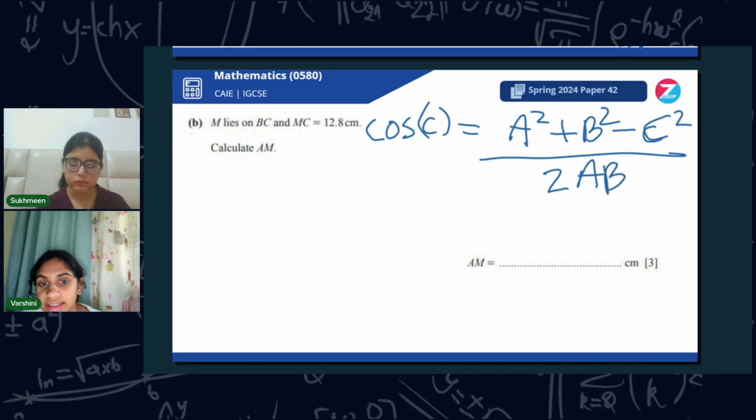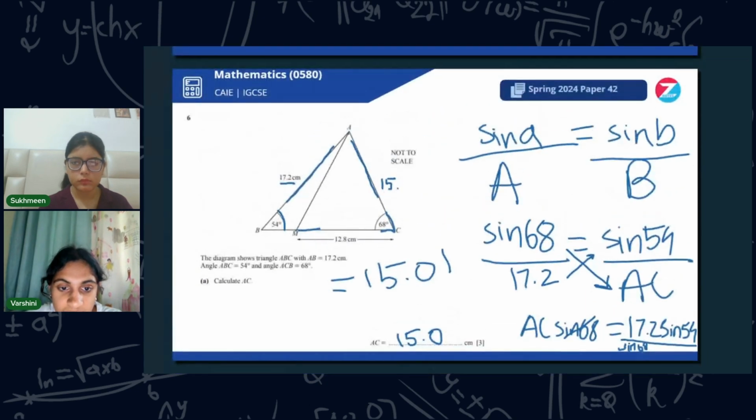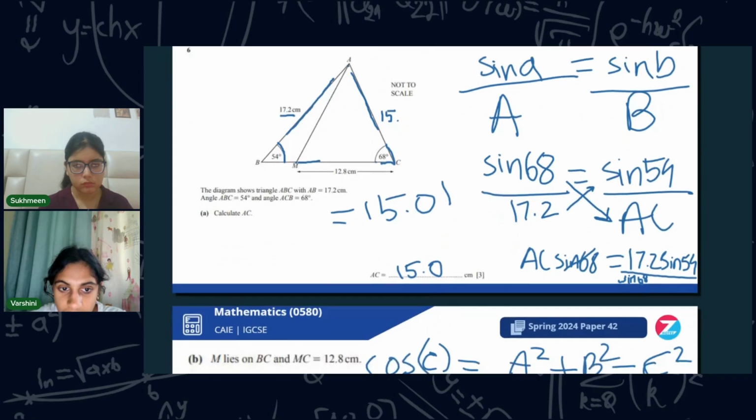So over here we have lowercase c, and we don't have uppercase c, so this is the one we need to find, this big C squared. We have the small c over here, which is 68 degrees. And over here, A and B would be 12.8 and 15, in whichever way you want to take it.